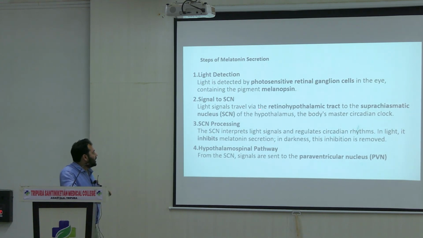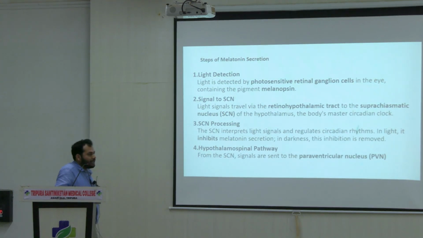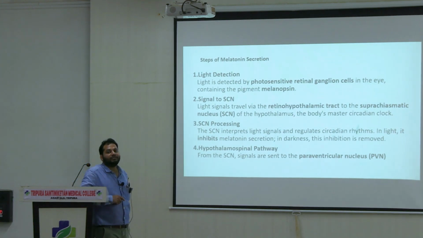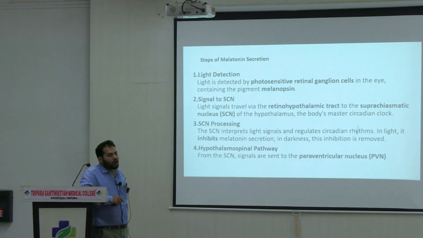See, it travels via the retinohypothalamic tract to the suprachiasmatic nuclei that are present in the hypothalamus, and that is basically involved in a specific physiological event, that is the regulation of the circadian clock, right?